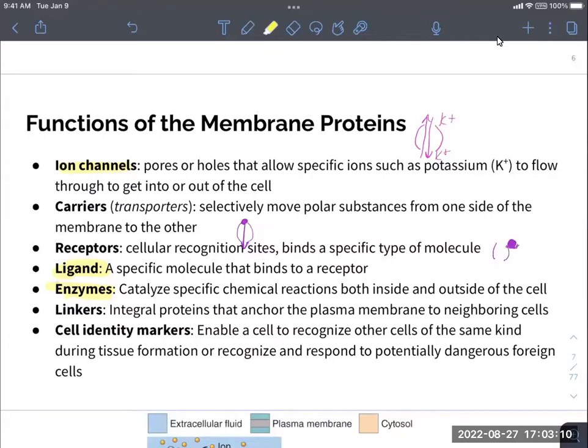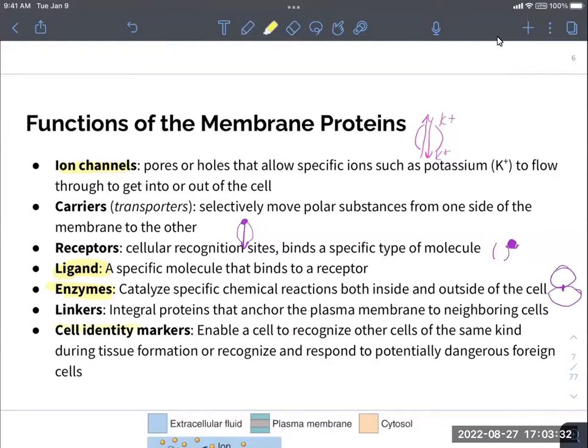We have linkers. Linkers will actually attach one cell. Here's one cell membrane here. Here's another cell membrane here. Linkers attach the two cells to each other. It helps hold everybody in place.